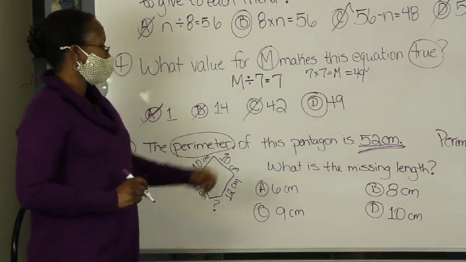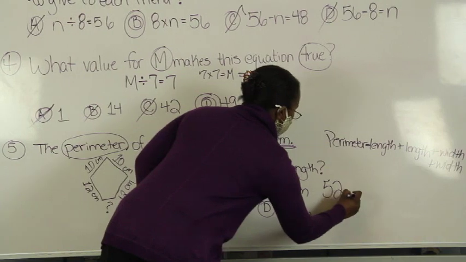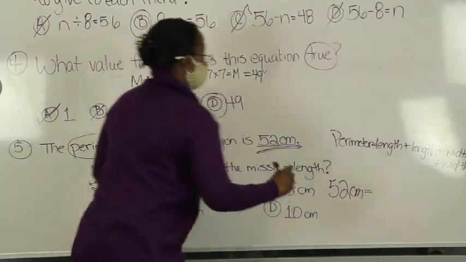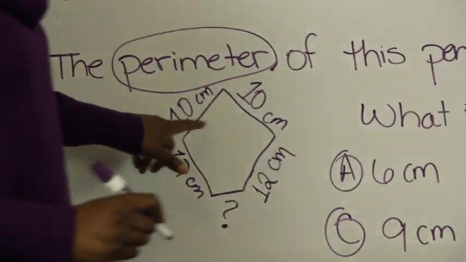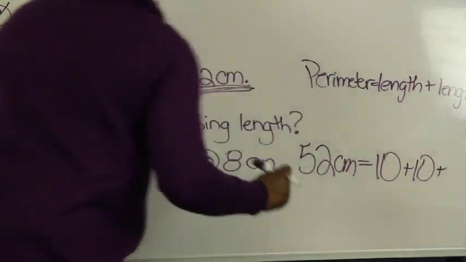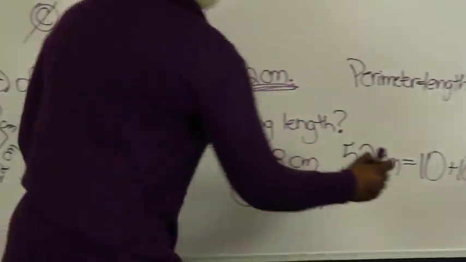You know that the perimeter is 52 centimeters. And so what we're going to do is we're going to add up all the sides. 10 plus 10. I'm going to leave the units off just for space. 12 centimeters and 12 centimeters.